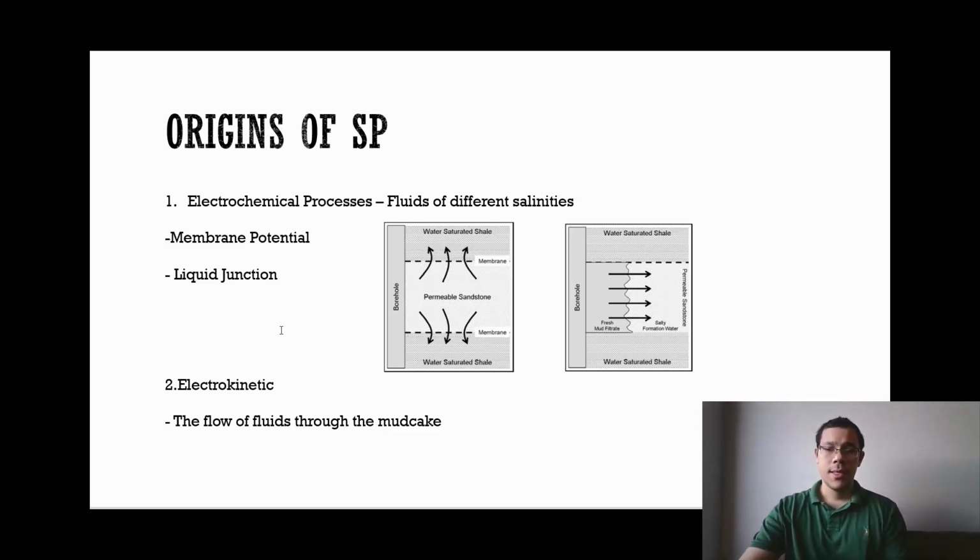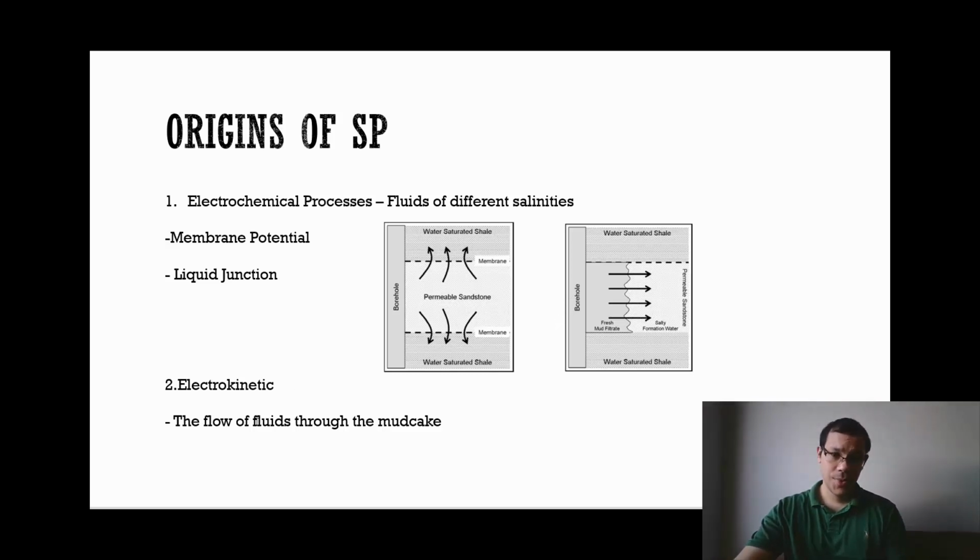Remember that when you drill the hole, the drilling fluid is going to enter into the formation, and on the area where you have the contact of the drilling fluid with whatever was there in the formation, there is also going to be a change in ions, and that creates that voltage.